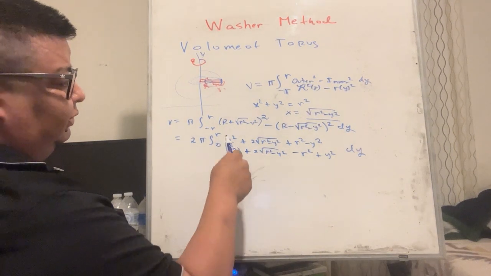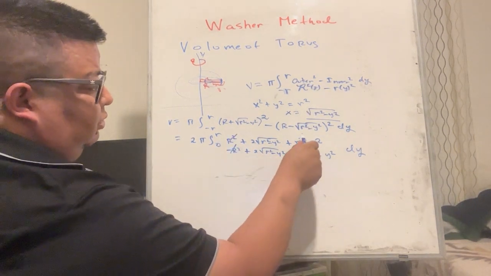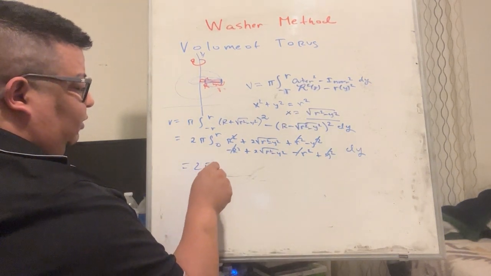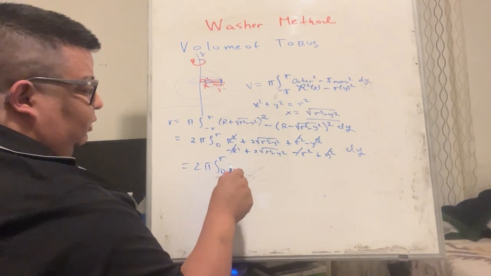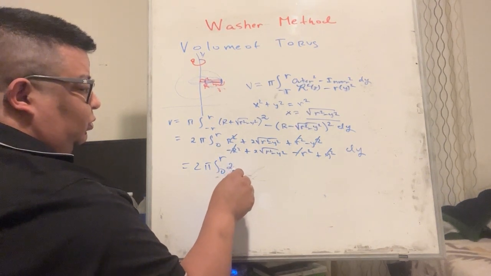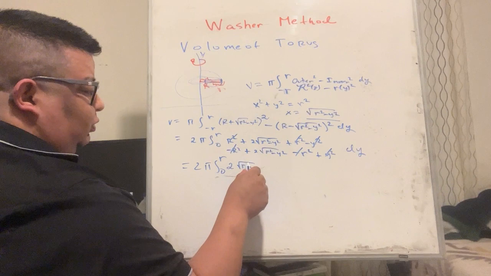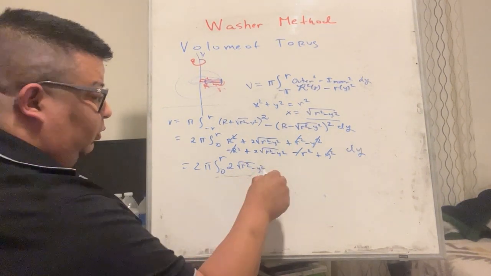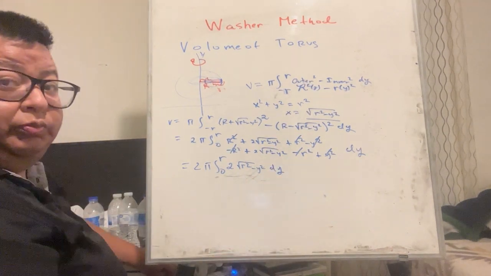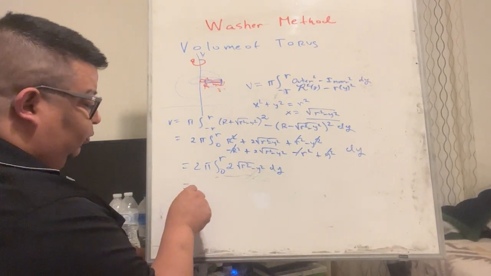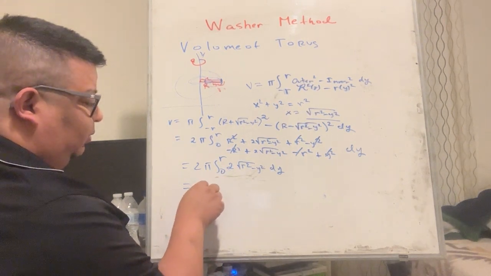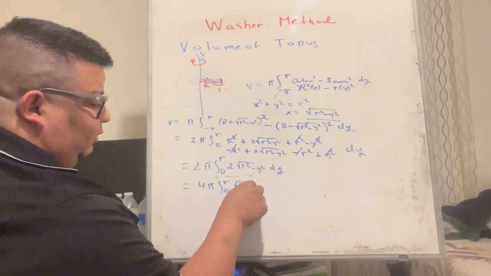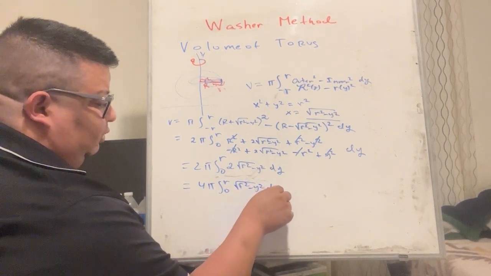So now I cancel like terms, and I'm left with 2 pi from 0 to r of 2R times the square root of r squared minus y squared dy. Now I pull out the 2, so that will be 4 pi from 0 to r of R times the square root of r squared minus y squared dy.